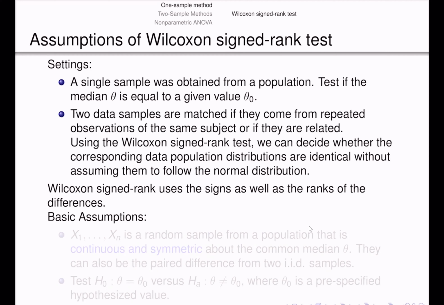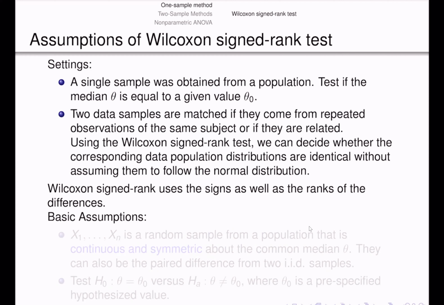And in the paired data, we could consider the difference between the observations before and after treatment, and then that difference becomes one single sample, and we test whether the median of the difference is equal to a given value or not. Essentially we're trying to compare the two paired samples, to see whether the median difference of those two paired samples is equal to a given value or not.